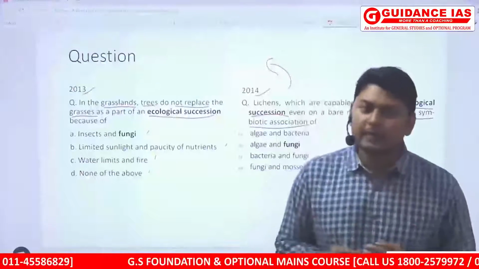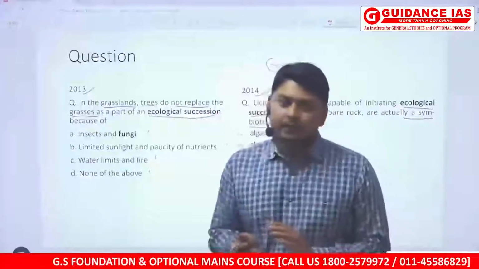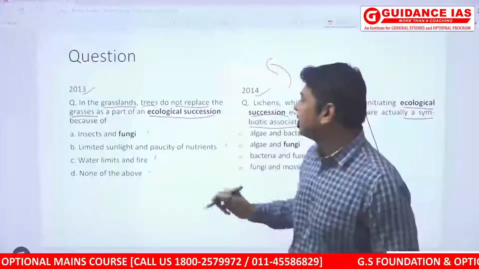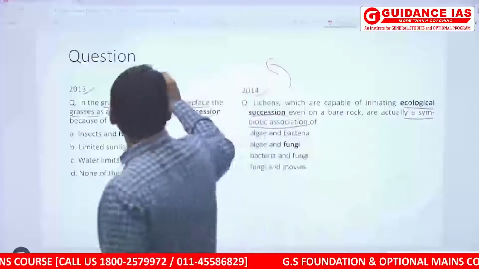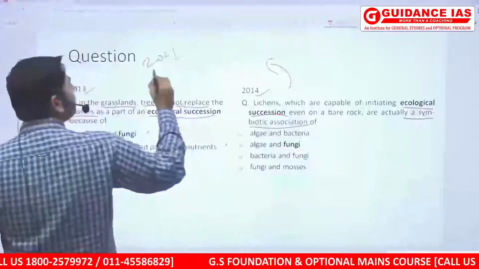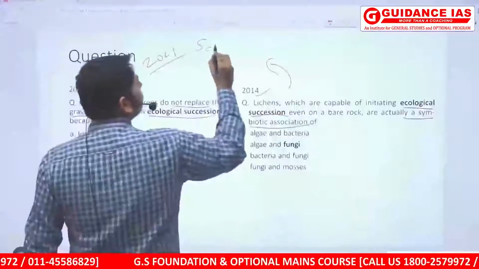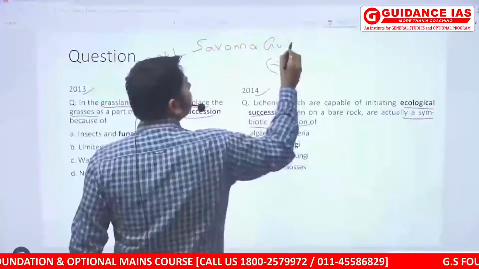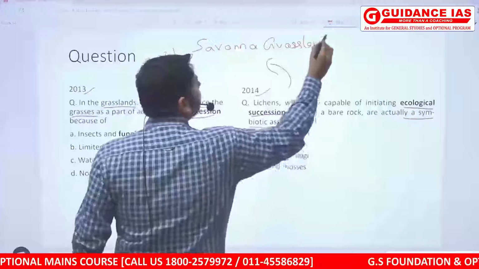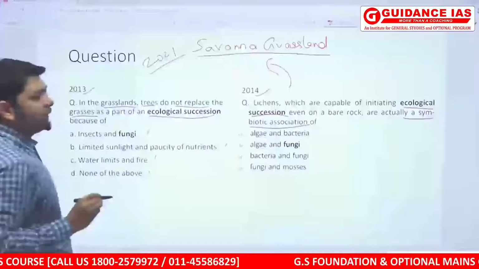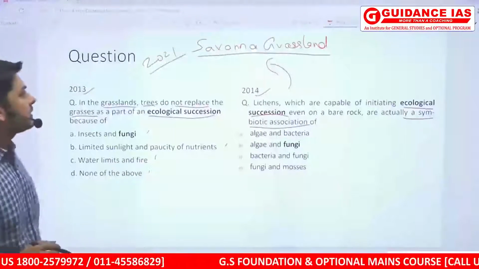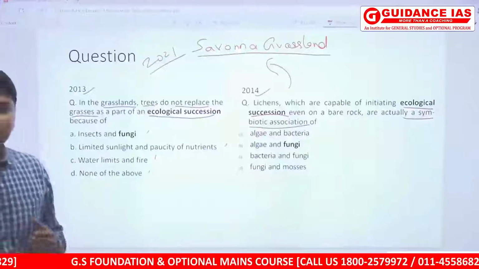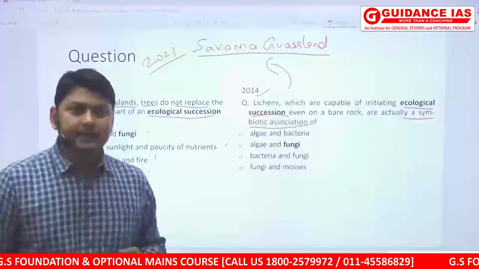So how can a tree replace grass? We need to know what the important factors are, and what the important things are that should be included here. Now in 2021, there was a question on savanna grassland: what are the important factors required for trees to grow?